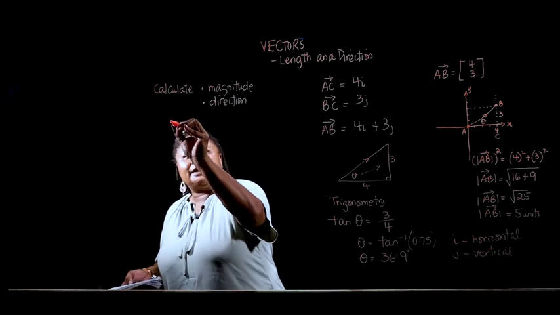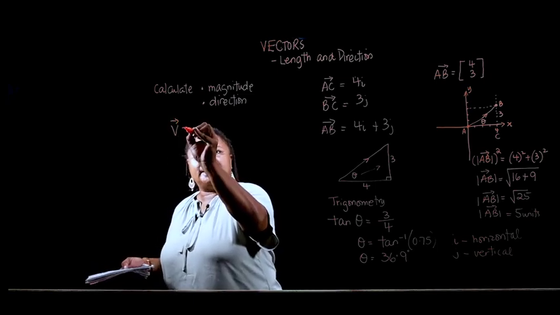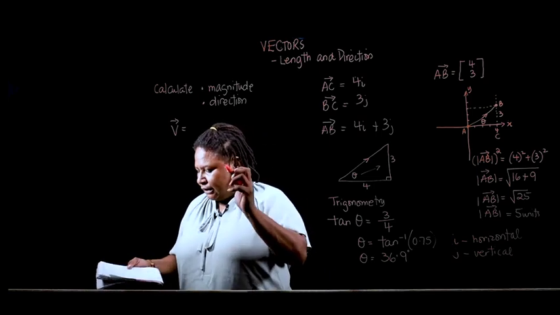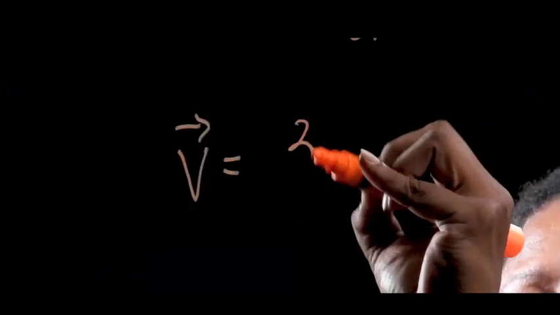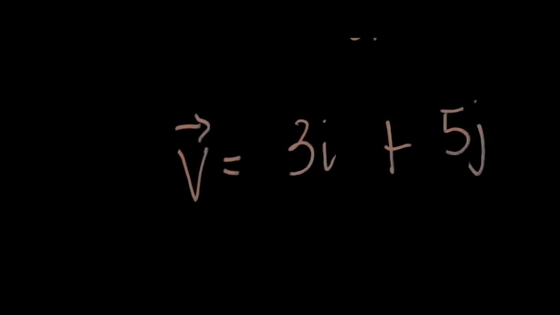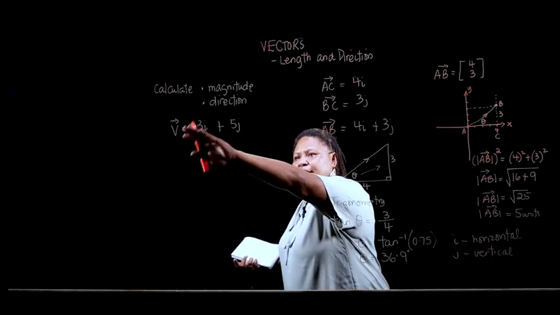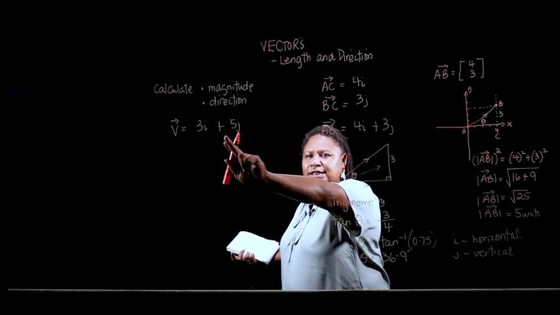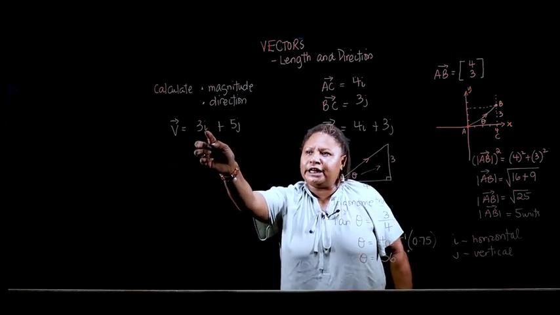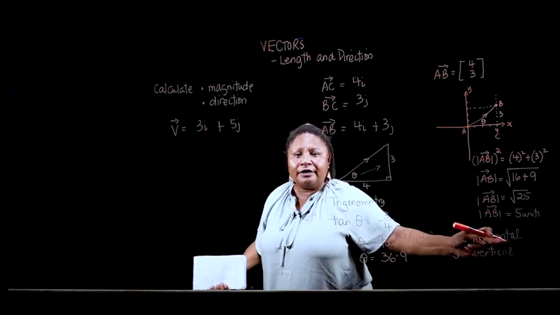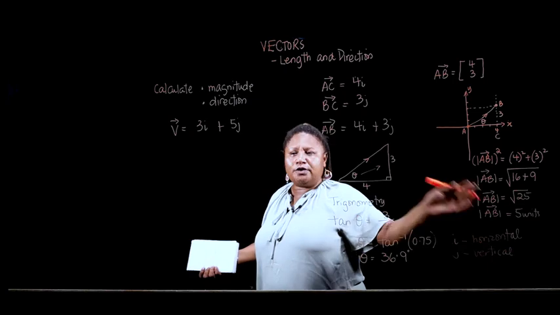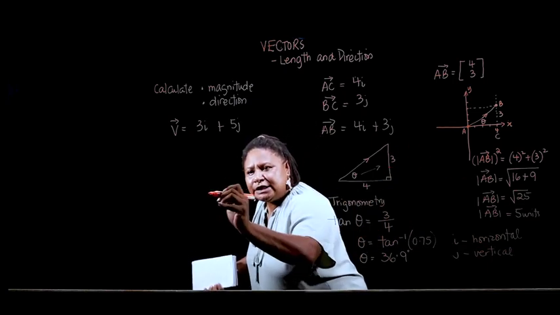Let's say vector V is equal to 3i plus 5j. Now, we already know that i is the horizontal unit vector and j is the vertical unit vector.